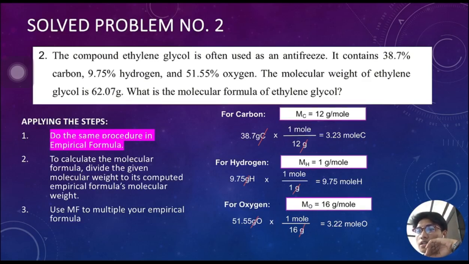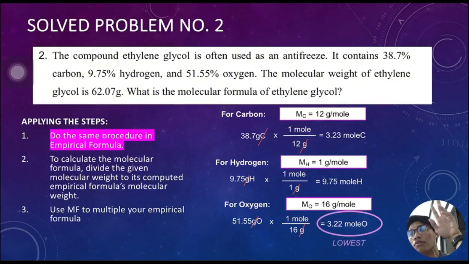Which of the three is the lowest? This is the lowest. Now, since we're doing the same as for molecular to empirical formula, we have to divide all of them by the lowest one, 3.22, since this is the lowest. Same with this. Same with this.